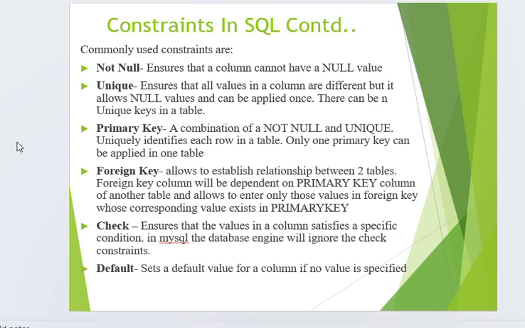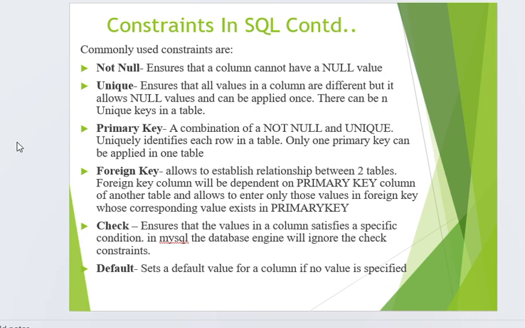Out of those 10 records, one record can have a null value in that column. And a null value can be applied only once in a unique column, because once you have entered a null value, and you enter a null value again, then it will not be unique, it will be the same, so it will violate that. There can be n unique keys in a table. So there is no limit on unique keys. You can have any number of unique keys, but in a particular unique key you can have a maximum of only one null value.